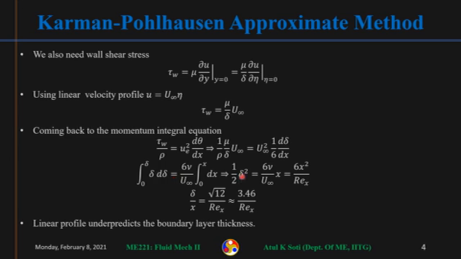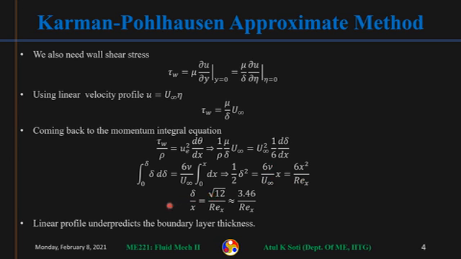Okay. So eventually when you integrate, you'll get delta by x is equal to square root of 12 upon Rex. So Rex is what? This is u infinity x by nu. Okay, u infinity x upon nu, that is Rex.